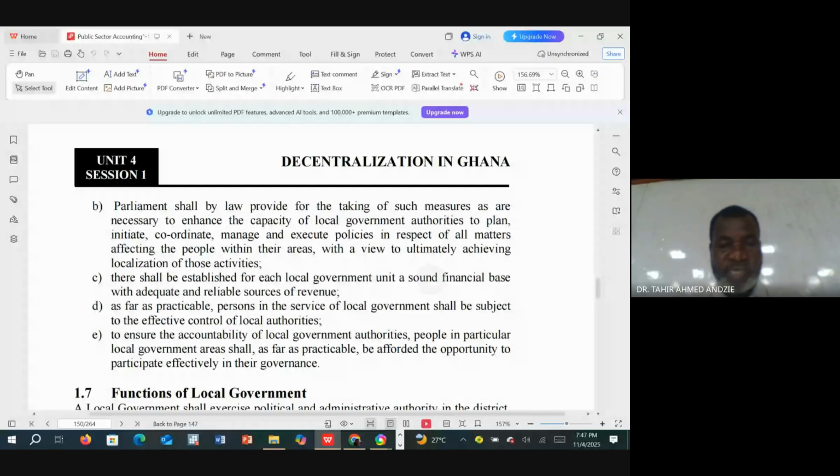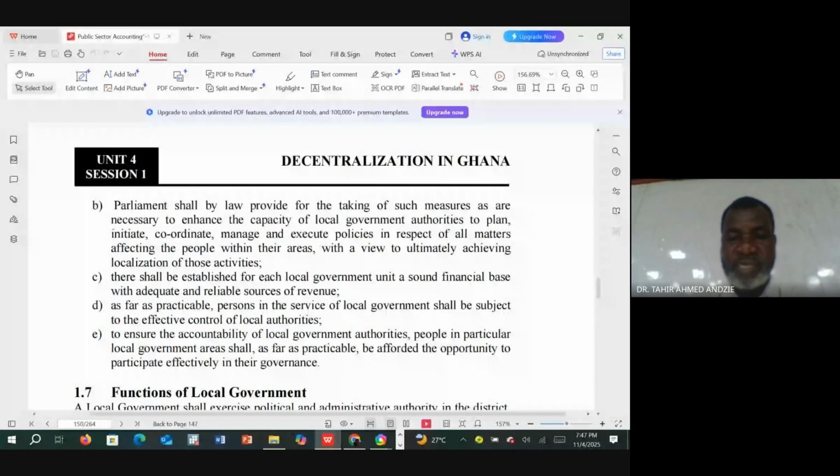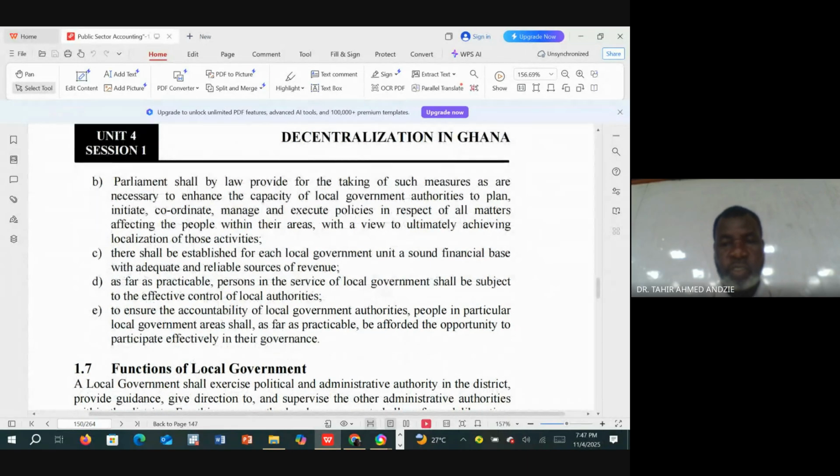So they can do that by taking measures as necessary to ensure the capacity of the local government authorities to plan, initiate, coordinate, manage, and execute policies in respect of all matters affecting the people within the local areas, with a view to ultimately achieving the localization of these activities.